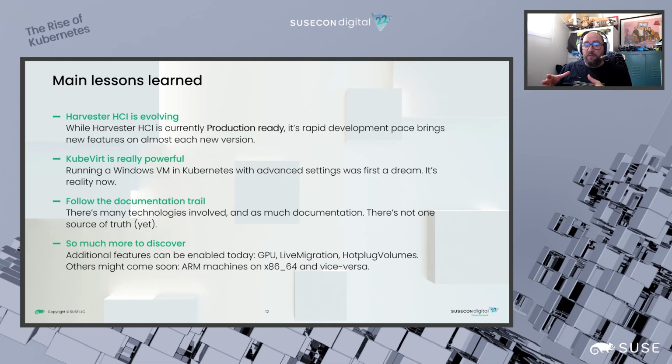So give it a try if you have several nodes where you can install Harvester, make it a cluster, and see how the live migration can work. Another one, of course, is GPU based VMs for any GPU intensive workload. And finally, in the future, potentially, we might also have CPU emulation, such as ARM machines on x86 or vice versa.